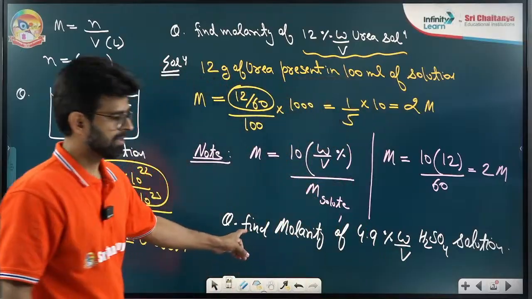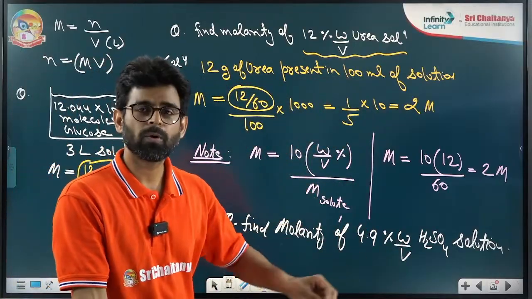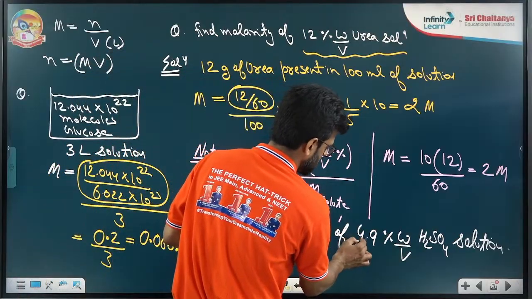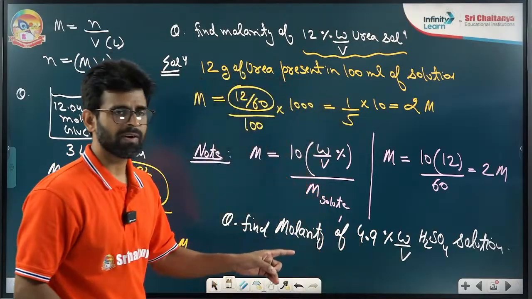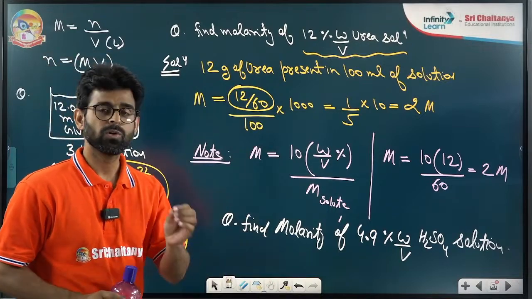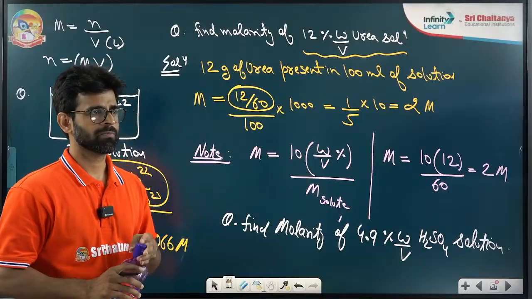Okay, we are having a 4.9% weight by volume sulfuric acid solution. Using this, find the molarity. You have the formula very clearly. Solute is sulfuric acid, right? So please.